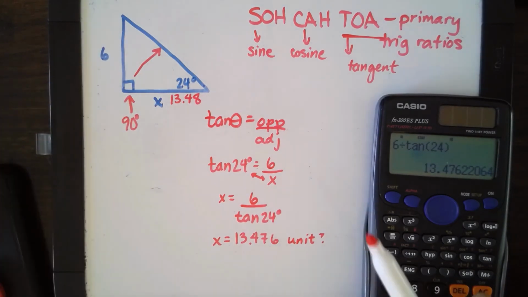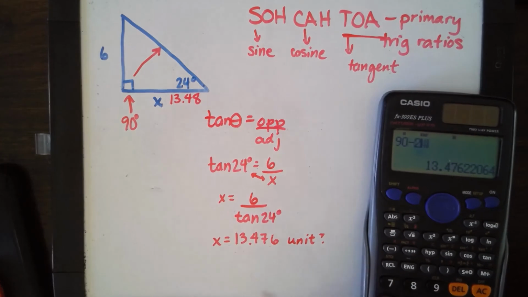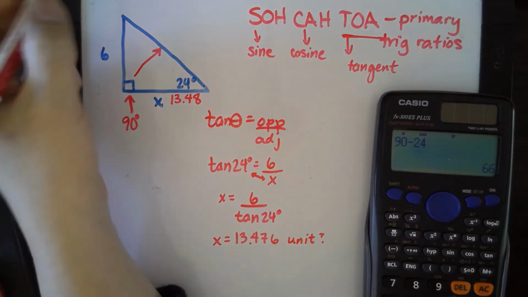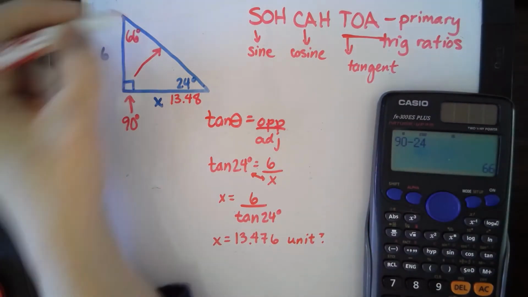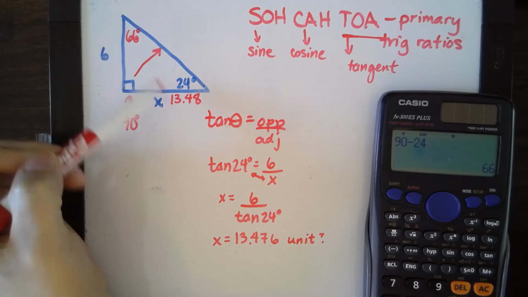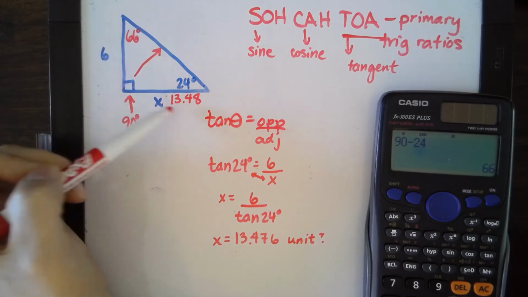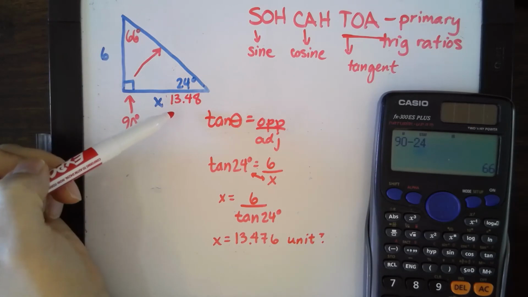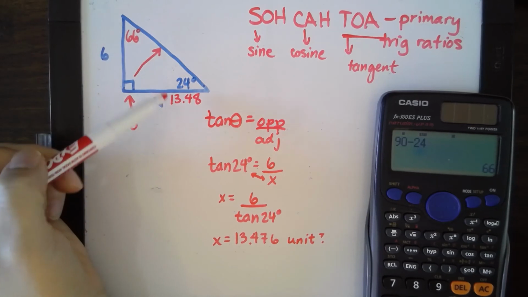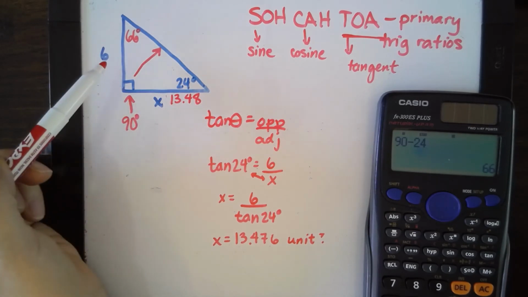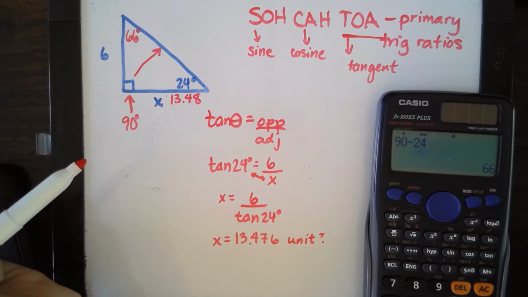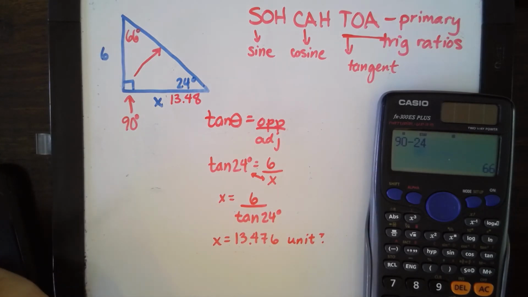This angle is going to be 90 minus 24, which is 66. This angle here is 66 degrees, which is a much bigger angle than 24. So it makes sense that the side length opposite of 66 degrees is much longer than the side length opposite the 24 degrees. Okay, so it's a really reasonable number.